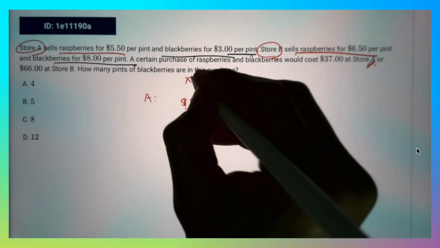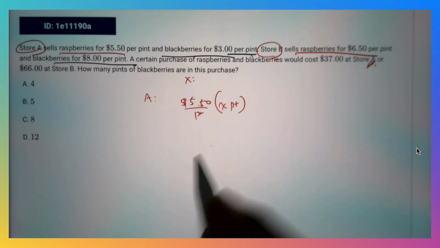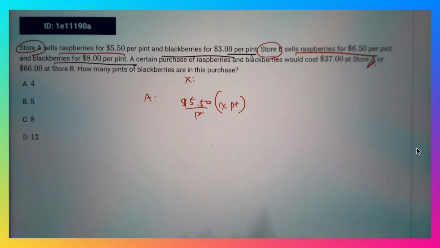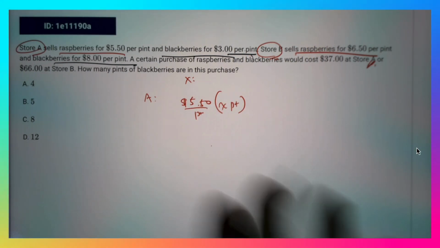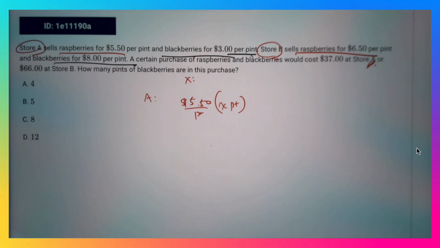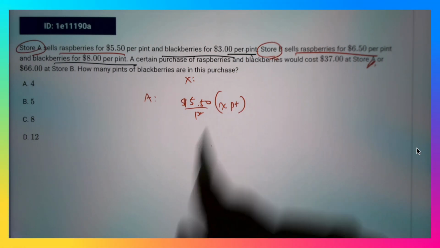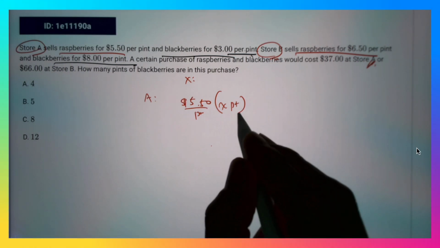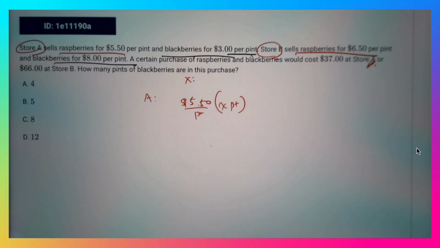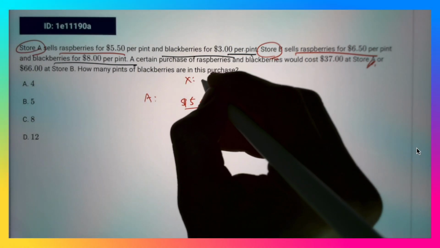Okay, so x. On the SAT exam, don't declare, don't waste your time. But I'm just doing it for people who are not used to this kind of word problem. But yeah, you should mentally know this is the pint, the amount or volume of the raspberries.